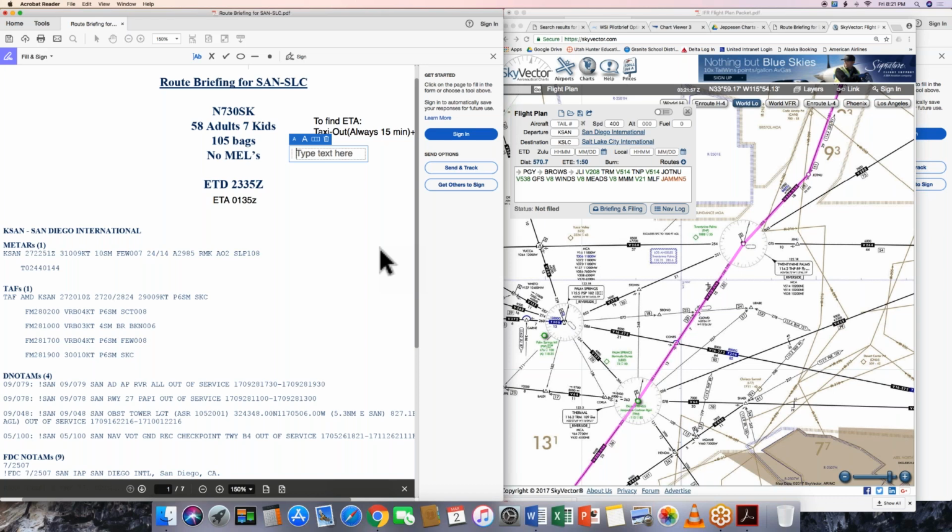So burn, alternate, reserve, right? So BAR. Burn off, alternate, reserve.